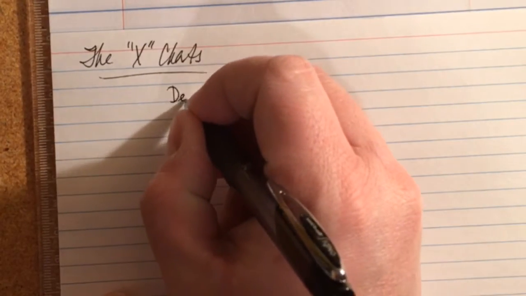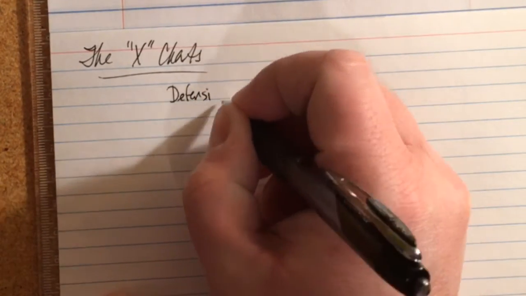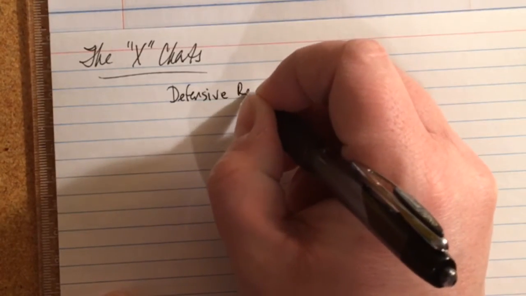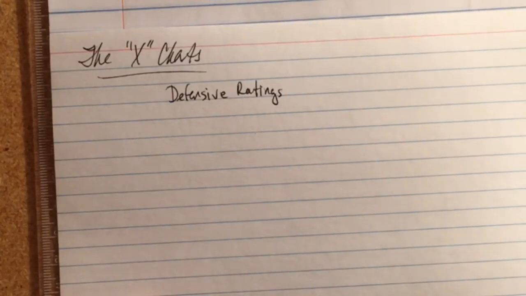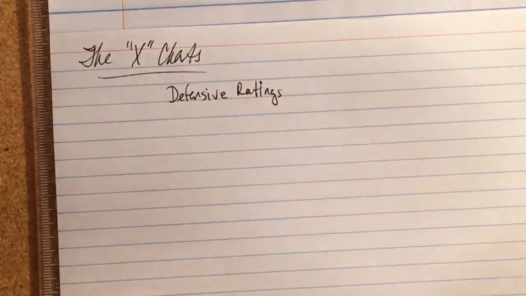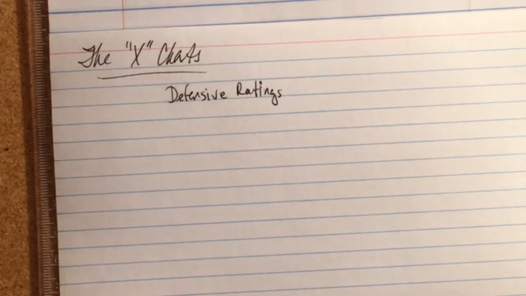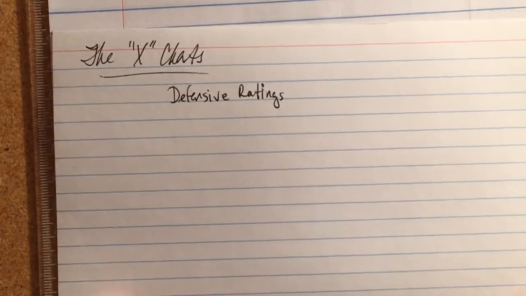So what's to know about the X charts in defense? A player is known defensively by their ratings, basic and advanced. Let's just start with defensive ratings. We'll go through basic and advanced here. I think it's easy to neglect defense when you're considering your team.